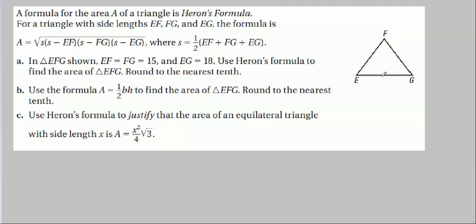And Heron incorporated that. He used the fact that given all three sides, we can find the altitude, and then just buried that formula inside the area formula. In other words, in the 1/2 BH, he replaced H with its formula.